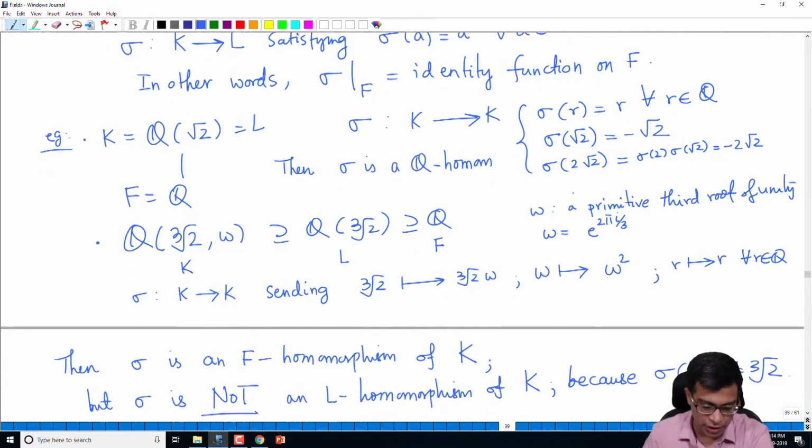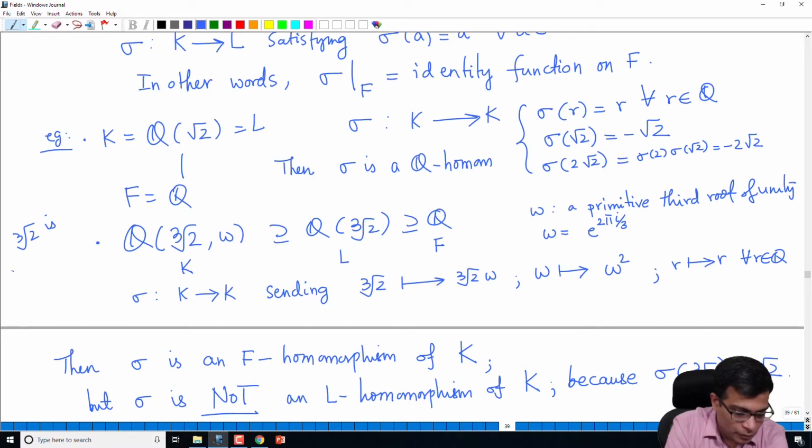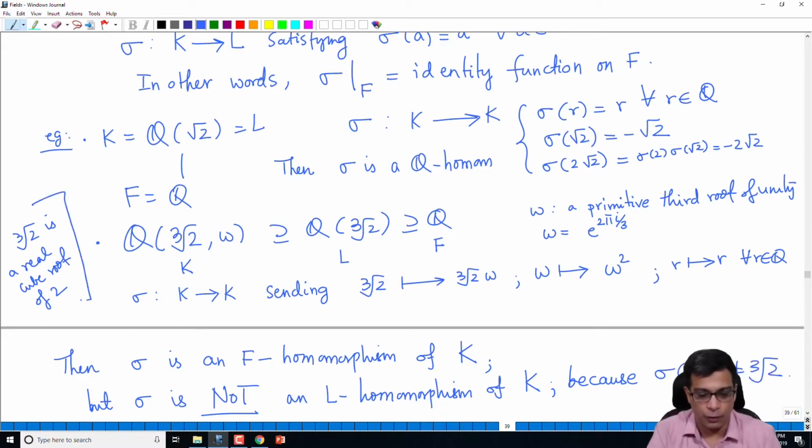On the other hand, let's look at another example. Let's look at the field Q adjoin cube root of 2 and omega, where cube root of 2 is a real cube root of 2. There are 3 cube roots of 2. Let's take the real one, and adjoin omega, which is a primitive third root of unity, and if you recall, that's just e to the power 2 pi i by 3.